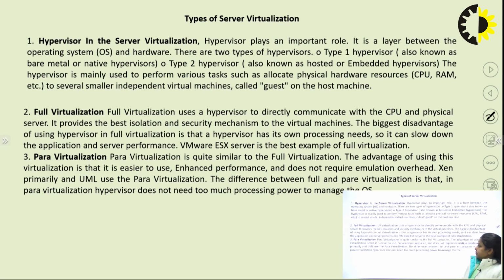The second type is full virtualization. As I'm using the word full, it means we are using a hypervisor directly communicating with the CPUs or the physical server. It provides an isolation and security mechanism environment to the virtual machines. But the biggest disadvantage of this hypervisor is that it has its own processing needs.